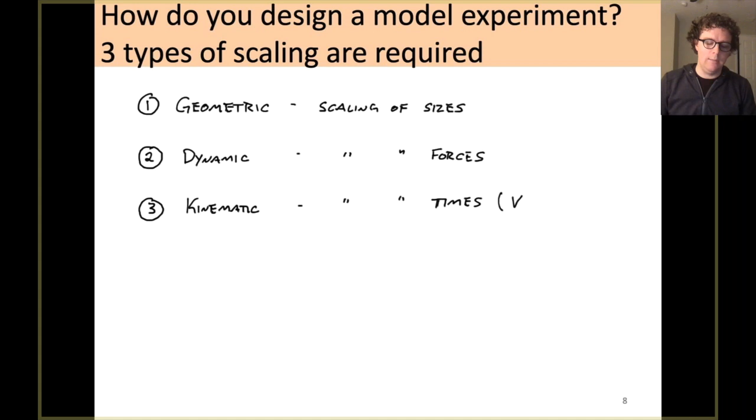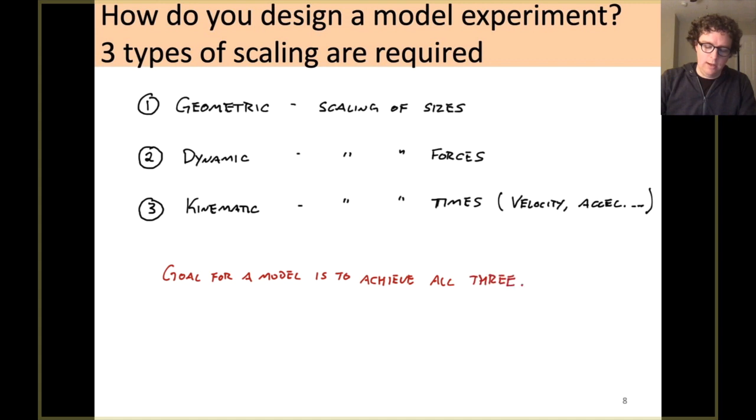And we need to get kinematic scaling right, so all of the time scales, things like velocities, accelerations, for example. So before we get into design of models and using models to make predictions, which will be our next topic, I want to talk a little more about dimensionless numbers with you. We want to get all three of these correct, and these will play into how we make dimensionless numbers.